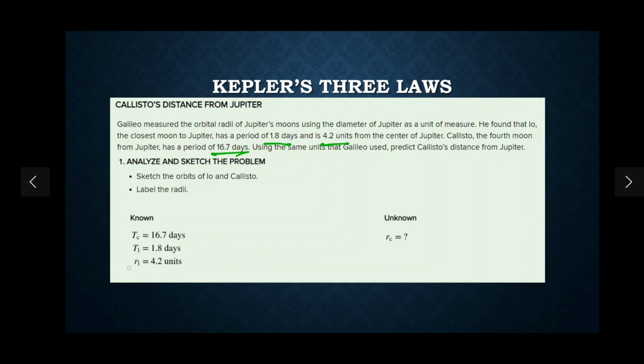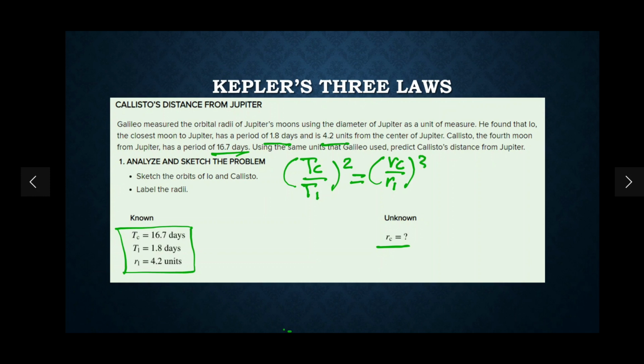We have the time Callisto needs, 16.7 days, the time Io needs, 1.8 days, and the radius of Io, 4.2 units. We need to find the unknown Rc. How could we find that? Let's use the formula that we have, which is (Tc over Ti) squared equals (Rc over Ri) cubed.